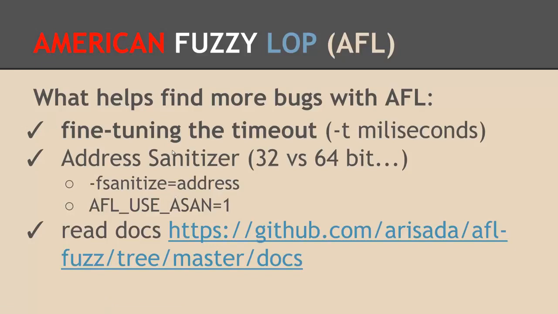So there are a lot of ways to fine-tune things. Obviously, I've covered the timeout to make sure you're not just detecting a hang every time. Address Sanitizer will slow down the execution of the binary, but it is very useful in C and C++ binaries for detecting all sorts of heap-based vulnerabilities, buffer overflows, and etc. And the compiler flag in GCC and G++, as well as Clang and Clang++, is -fsanitize=address.